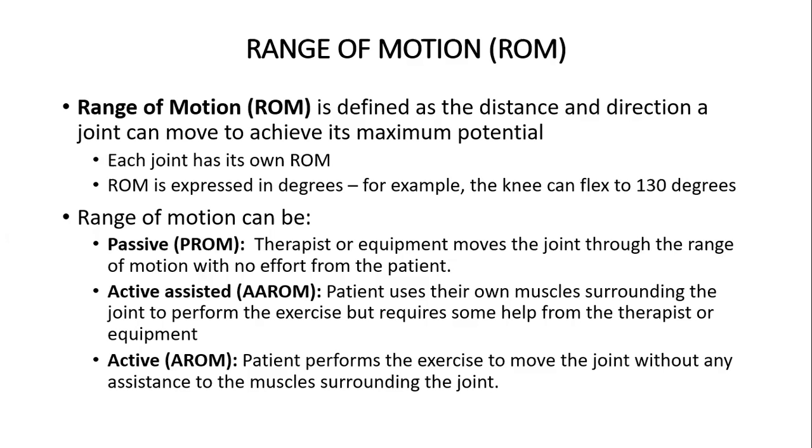Active range of motion, or AROM, means that I can move my joint through the whole range of motion without any assistance at all. Okay? So active range of motion means that I'm doing all the work. So if we were to put it in that sense, with passive range of motion, I can do no work.